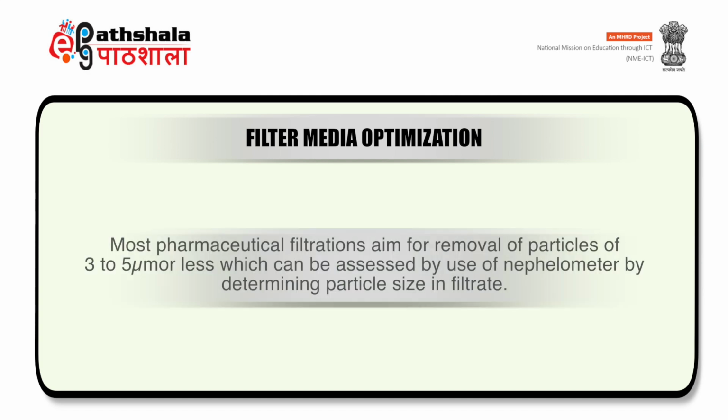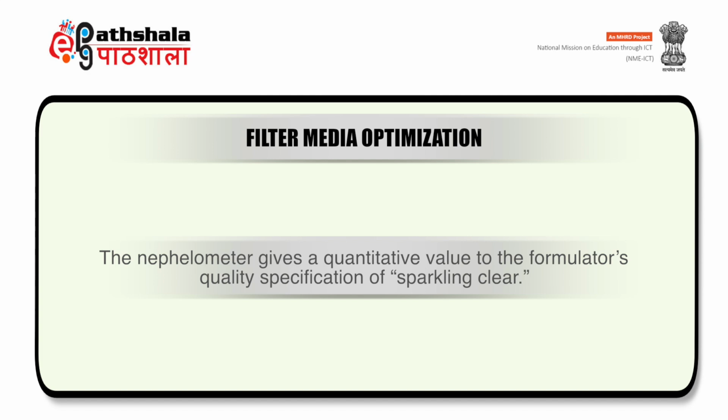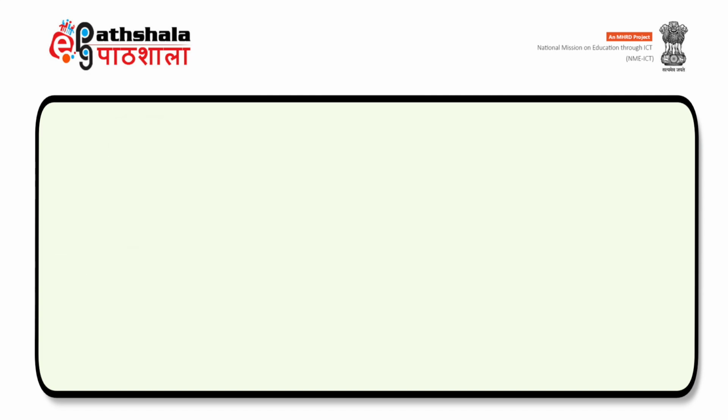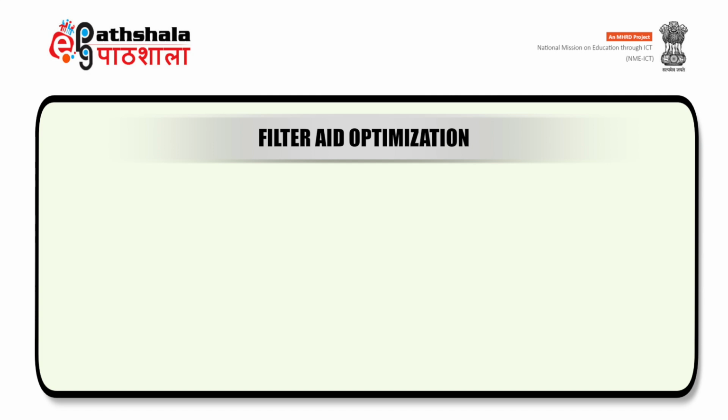Most pharmaceutical filtrations aim for the removal of particles of 3 to 5 micrometer or less, which can be assessed by use of a nephelometer by determining particle size in the filtrate. The nephelometer gives a quantitative value to the formulator's quality specification of sparkling clear. This value may be used to compare results using different filtration media, thus allowing one to choose the best to suit the need.